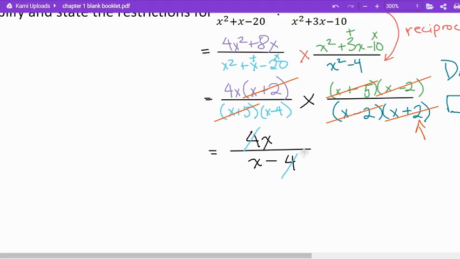It's just so tempting. Why can't I? Astrid, to fulfill your 1 million points, tell me why you can't. That's the -4. It's not multiplying, it's subtracting. Beautiful. So the operator in the denominator is not a multiplier. These are not factors, it's x minus 4, not x times 4. We cannot cancel the 4s.